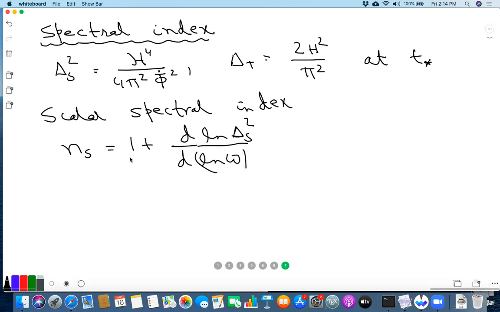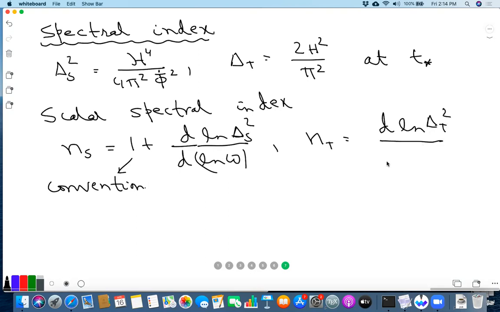So this 1 is just convention. That's the way it's defined. And nt is d log delta T squared over d log omega. So these basically encode deviation from scale invariant spectrum.